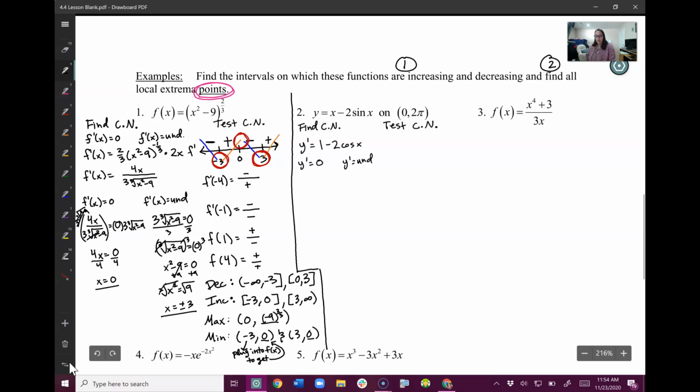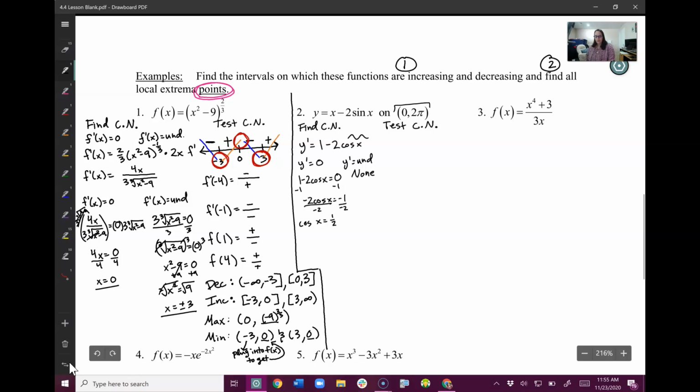Now, real quick on undefined, this is a cosine, so that's not going to have any undefined parts. We'll have some zeros. So let's set it equal to 0 and solve. Okay, so I have cosine of x equals 1/2.